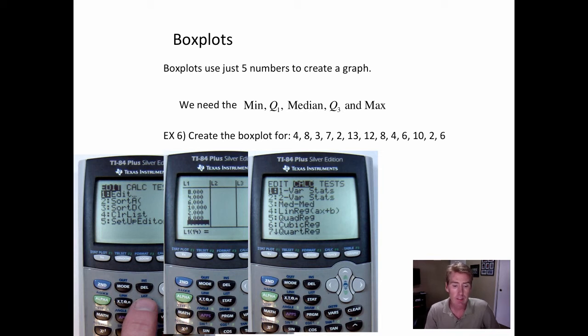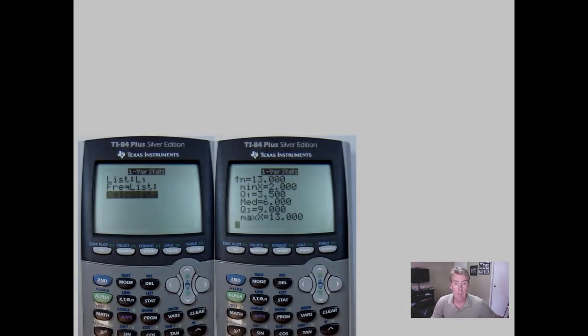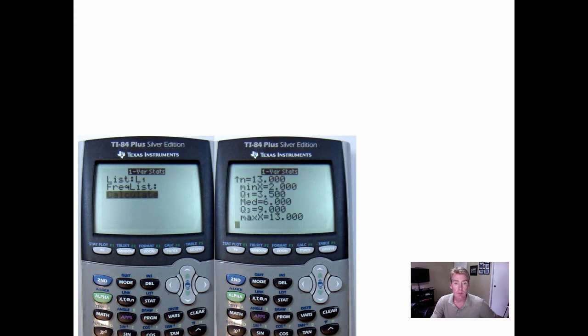So stat, and then move over to calculate, and then hit enter. And it's going to give you all of those numbers that you need. So then after you scroll down, you will see these numbers for the min, Q1, etc. That's what we're going to use to make the graph.